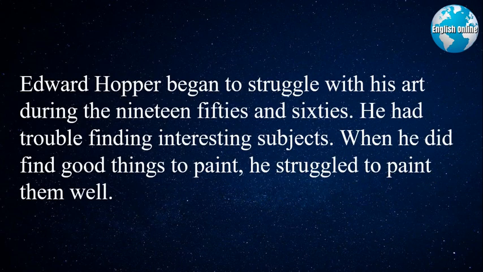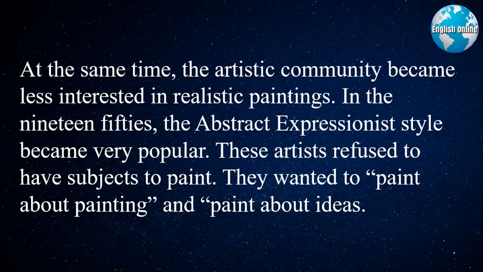Edward Hopper began to struggle with his art during the 1950s and 60s. He had trouble finding interesting subjects. When he did find good things to paint, he struggled to paint them well. At the same time, the artistic community became less interested in realistic paintings.